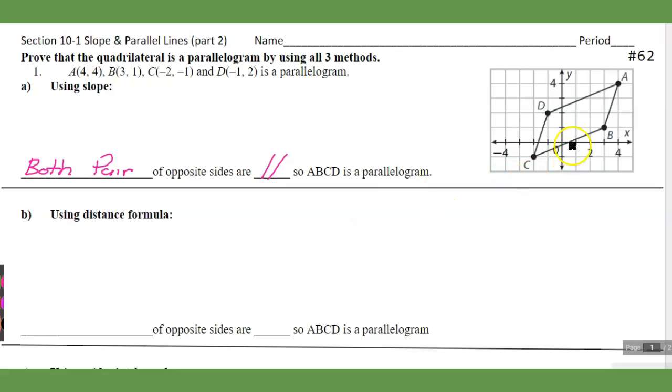So that hasn't changed. I can show that the slope of CD, and I'm going to notate that by little m, slope CD, is equal to the slope of the opposite side, which is AB.